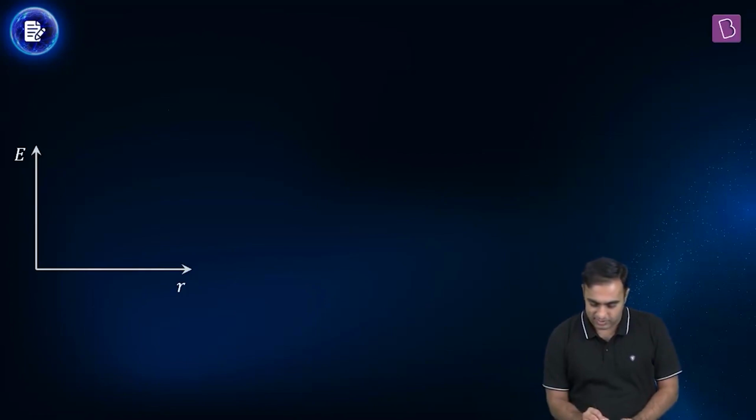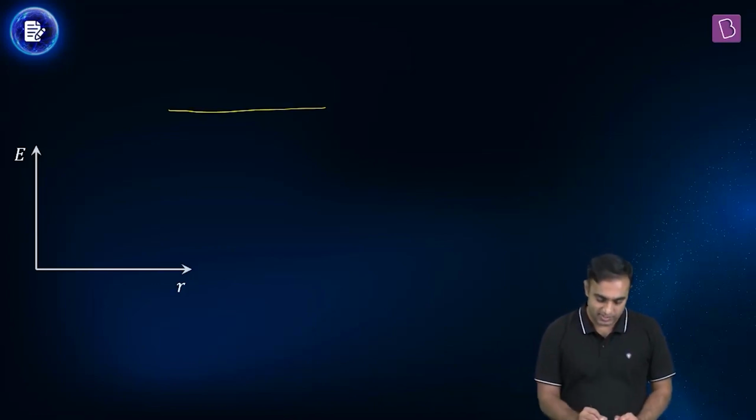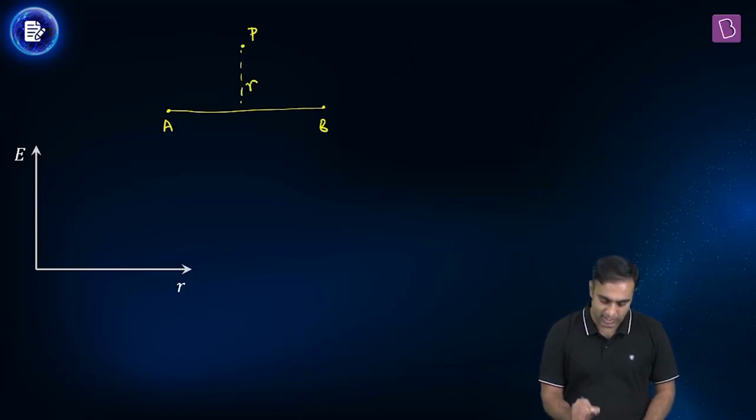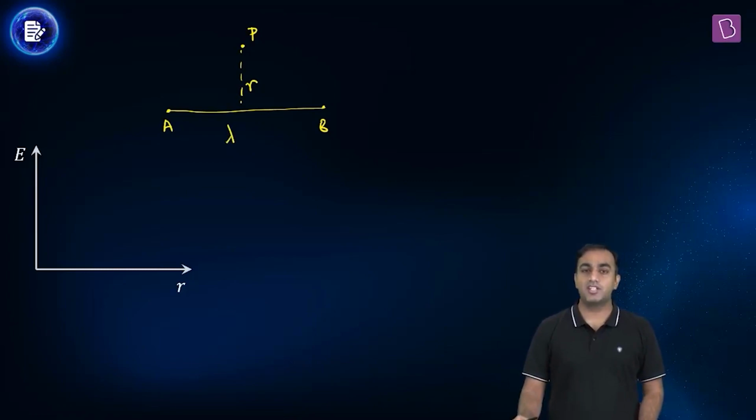If this is the line along which charge is distributed in a uniform manner, let's say these two are the ends, A and B, and we are looking at electric field at point P at a perpendicular distance r from this line charge. If lambda is considered to be the linear charge density, what do you mean by linear charge density? The total charge on this line divided by the total line length.